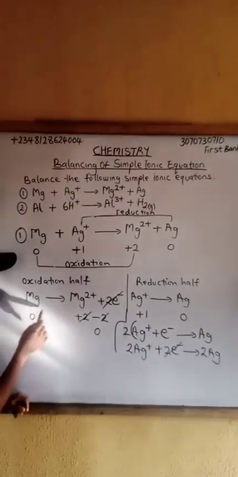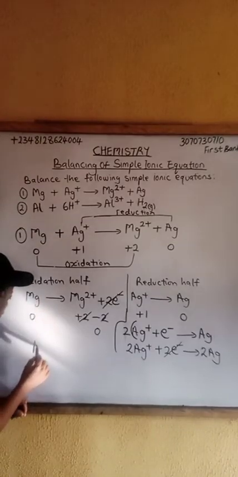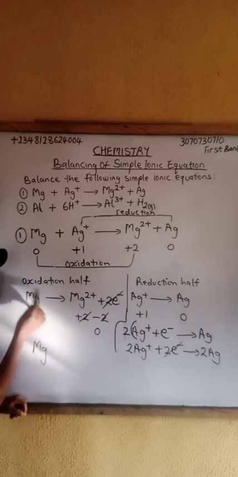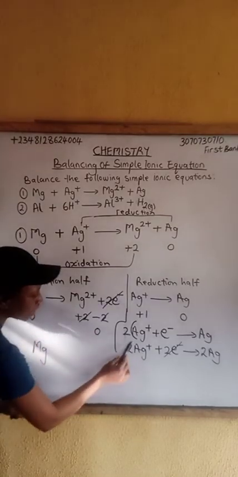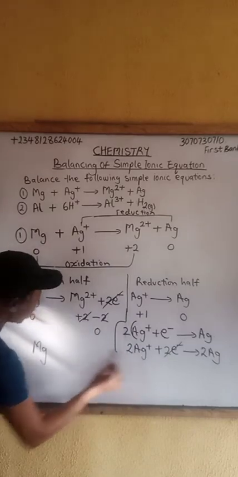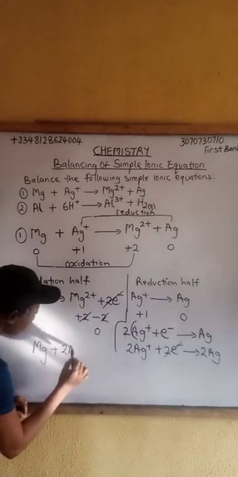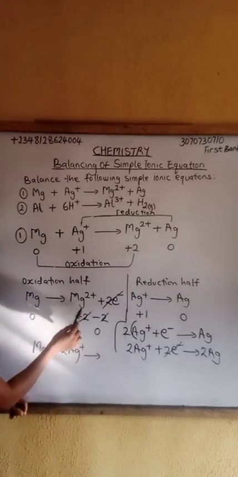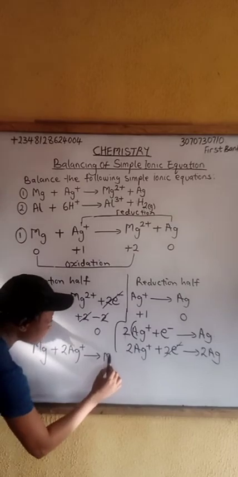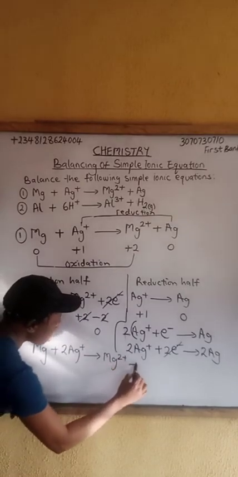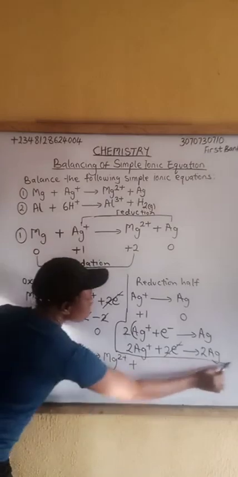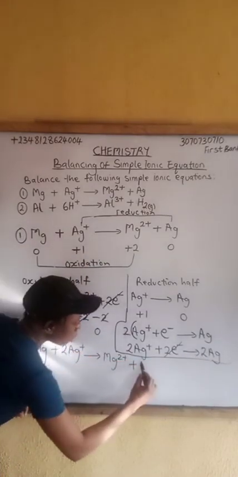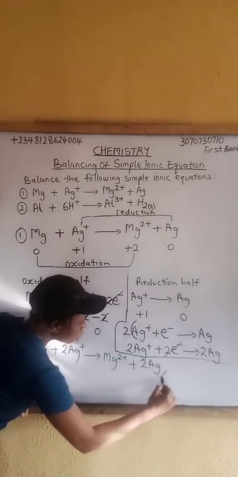The reactant side here is Mg, then we have 2 Ag+. Equal to, then the product side here we have Mg2+, plus 2 Ag. So this is the final equation.